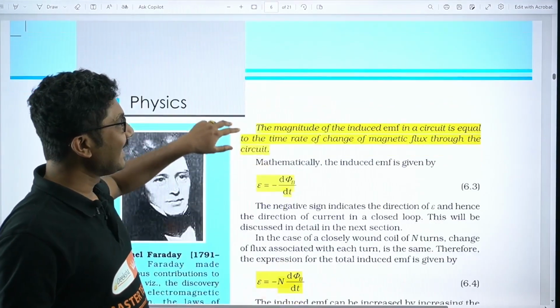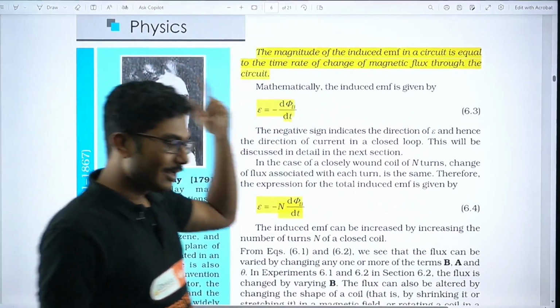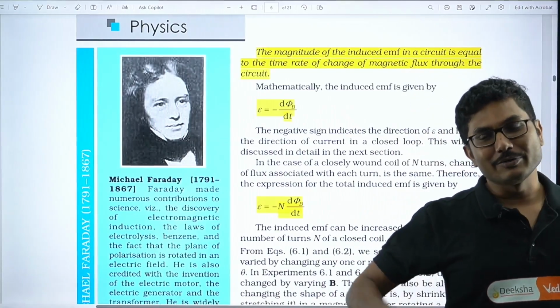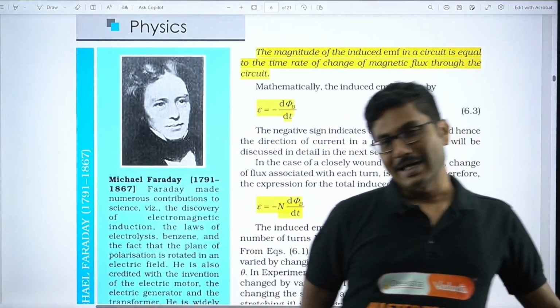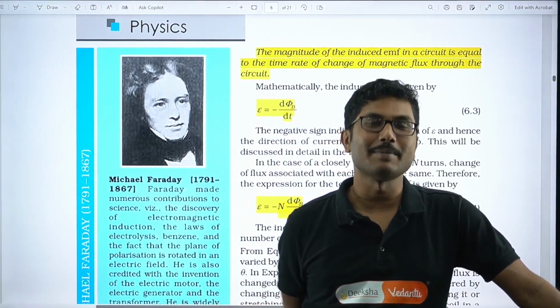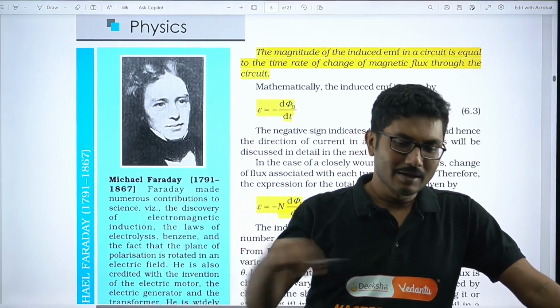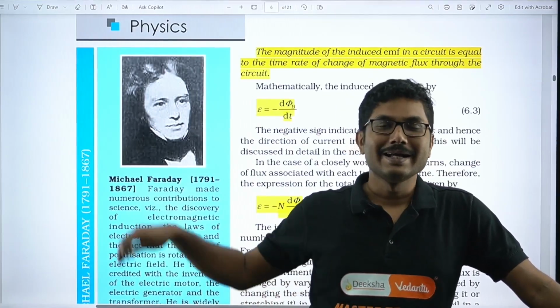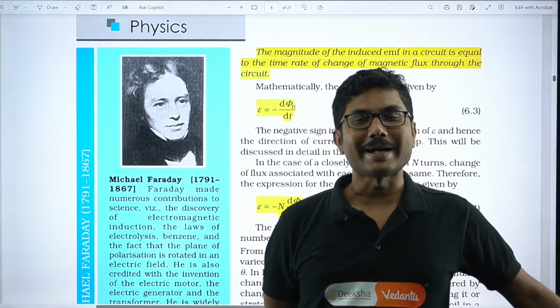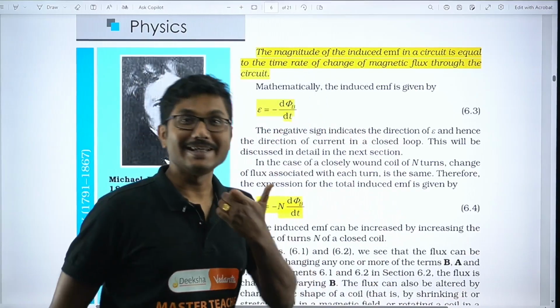So basically what it is saying is that the induced EMF, so there is a current, means there will be some voltage difference, right? Voltage difference is basically equivalent to an EMF, that is, a battery. So the motion of the magnet is behaving as if it is a battery, and for a battery we generally use the term EMF.